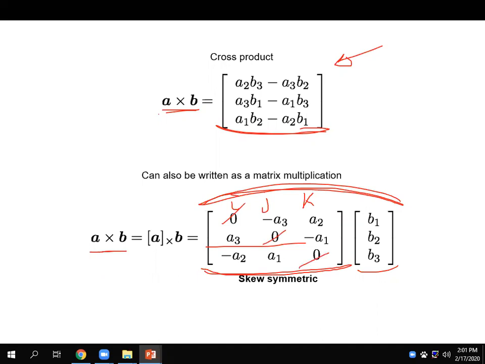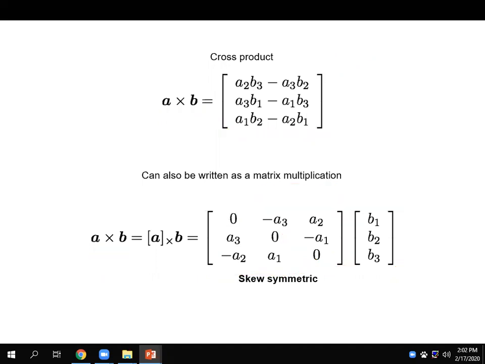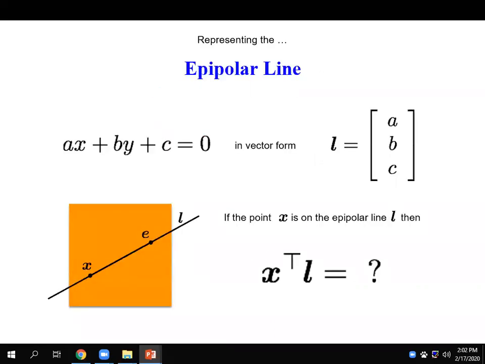And as you can see from this matrix, it is skew symmetric. So the A1 will be minus A1, the A3 will be minus A3, and so on. So now I can write A cross product B as the matrix A-cross multiplied by B, correct? Just remember that because we will need that. Okay, sounds good.